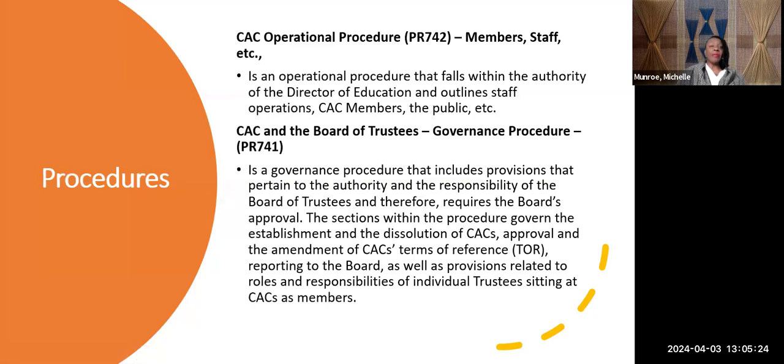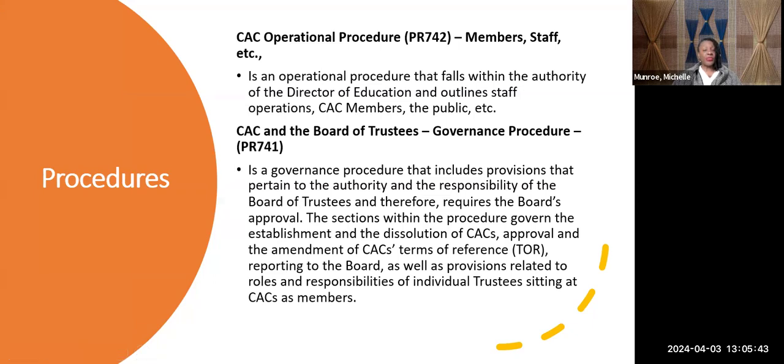All right, so I am going to go right in and begin with a quick overview of the CAC procedures themselves. Just to remind everyone, the Community Advisory Committee procedures have been approved.